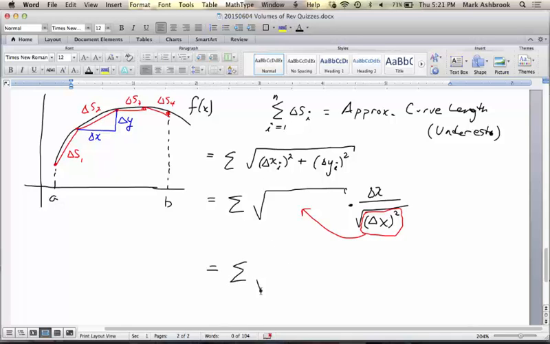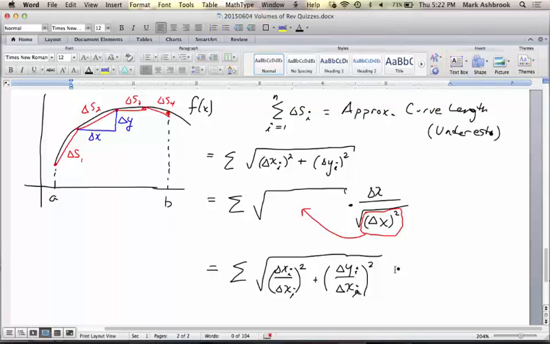So it's going to give me square root of delta x_i, and there's our delta x that we like, because that's going to be our dx, right?